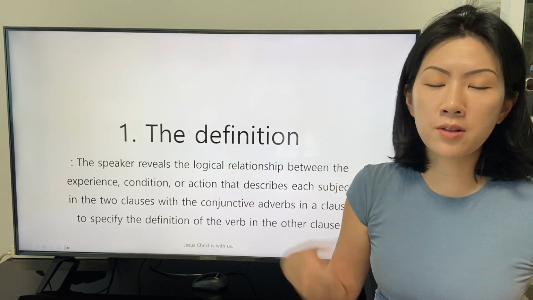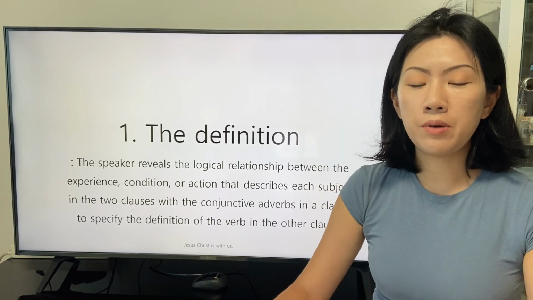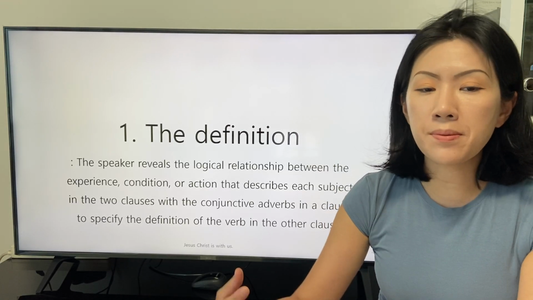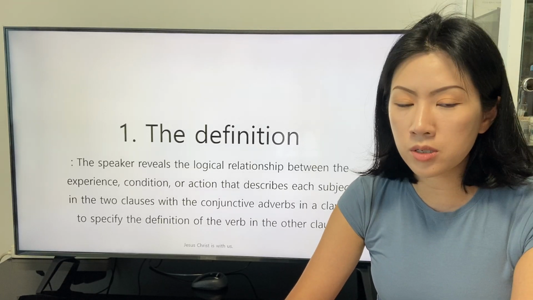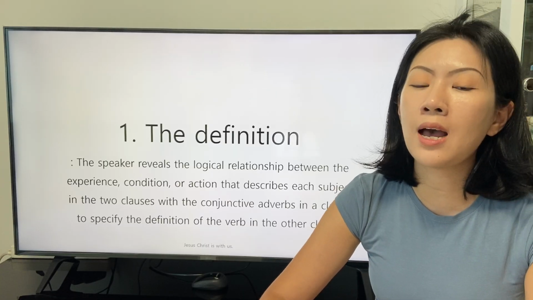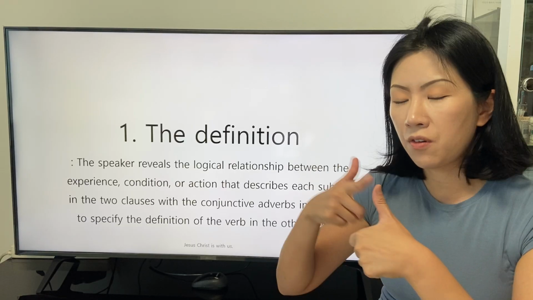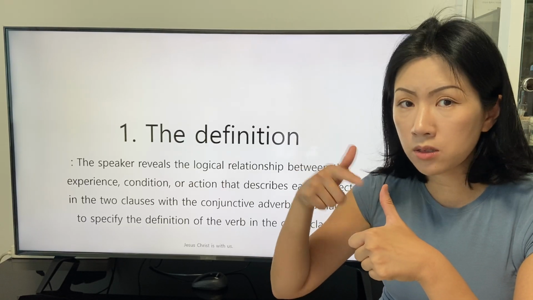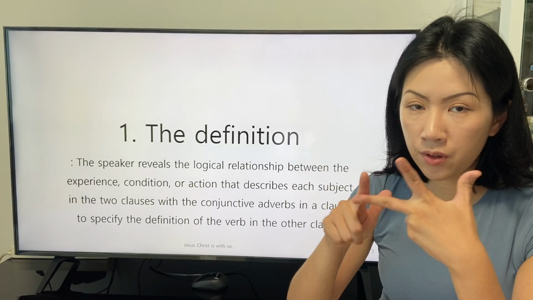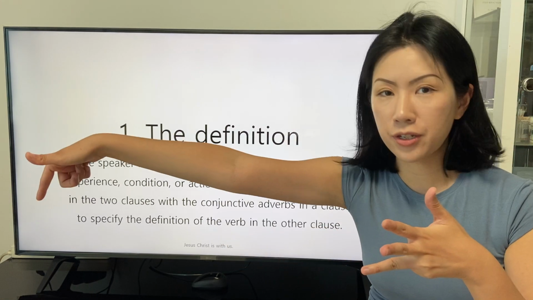Okay, let's study from the definition. The speaker reveals the logical relationship between the experience, condition, or action that describes each subject in the two clauses with the conjunctive adverbs in a clause to specify the definition of the verb in the other clause, because the adverb can describe a verb in the same clause, a determiner or an adjective, the other adverb, and a verb in the other clause.